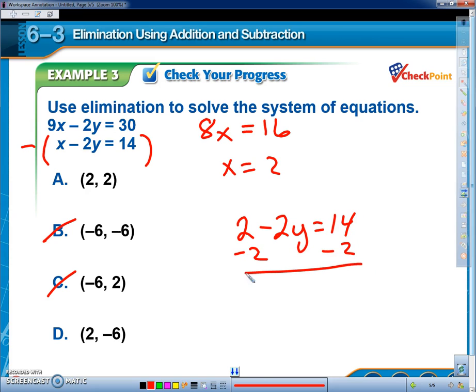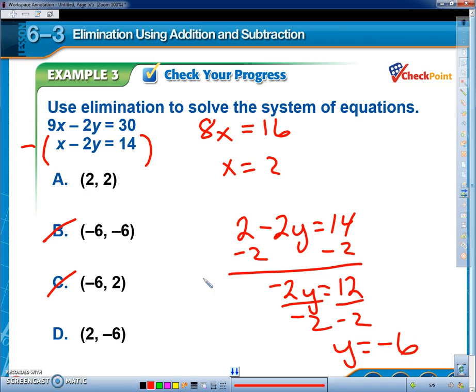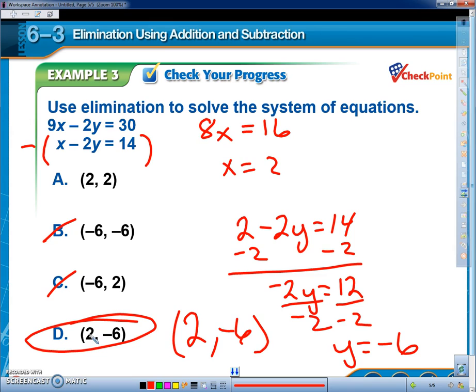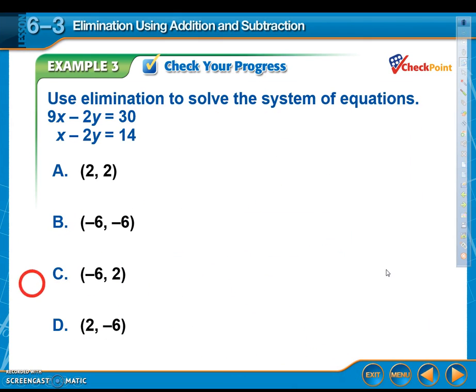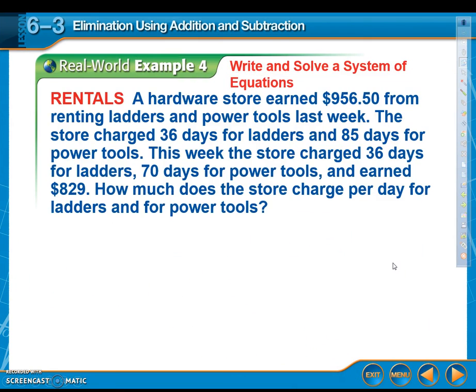Subtract 2. Negative 2y equals 12. Divide by negative 2. Y equals negative 6. So I'm looking for 2 comma negative 6. And it sure looks like it's D right there. Okay. All right. So that's where we are for elimination.